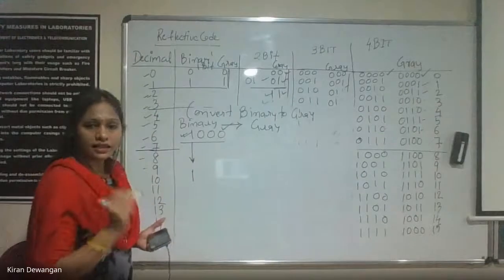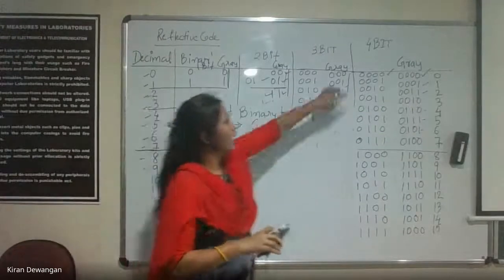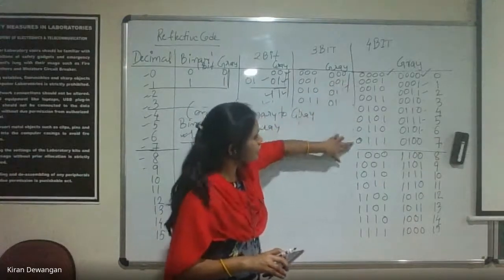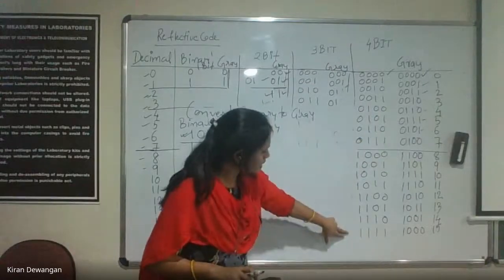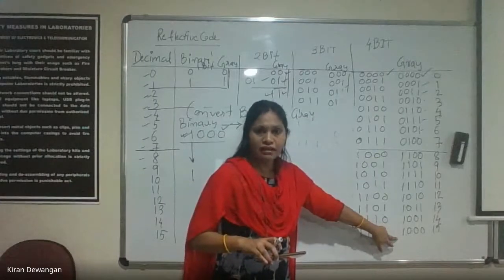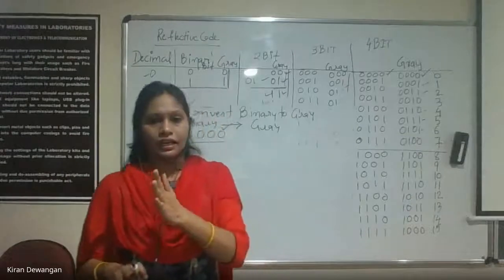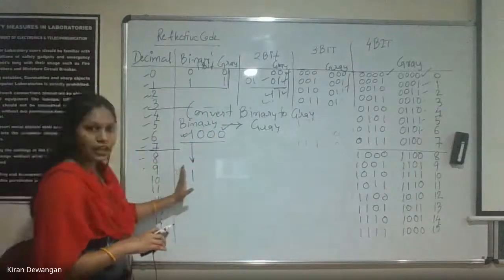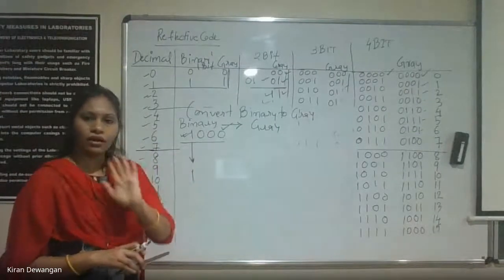You can check, MSBs will never vary. For the zero set, MSBs are 0 for gray. For the one set, MSB is 1. Can we see here? The most significant bit of binary and gray will always be the same. Clear? So this concept should be very clear. MSB will always remain the same, for binary and for gray.